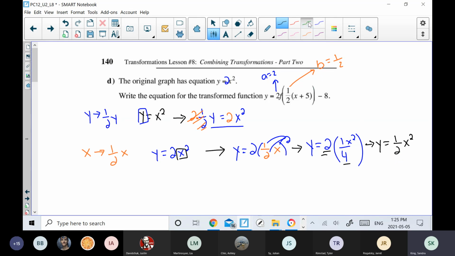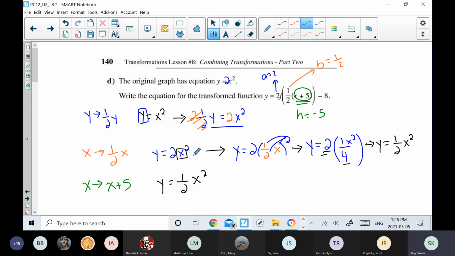Okay, let's do the next one. This is our h. H is equal to -5. That's my h value, right? But what I want is it needs to look like this. Remember, if h is -5, the replacement is an x replacement. And in order to get a -5, x is replaced with x plus 5. So this is my new equation. I'm actually just going to write that current equation, 1/2 x squared.